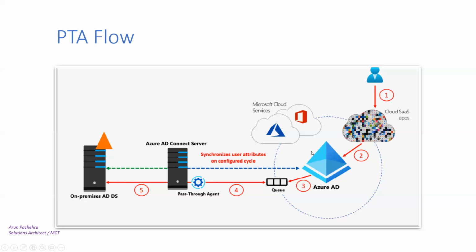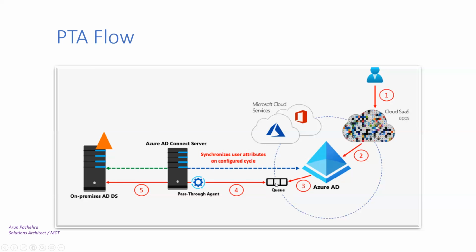Check this diagram for the flow. When an unauthenticated user tries to access the cloud application, they are redirected to Azure AD sign-in. The user signs in with the username and password. Azure AD collects the user's authentication information, encrypts the password using the public key of the on-premises authentication agent, and temporarily places it in the queue right here.